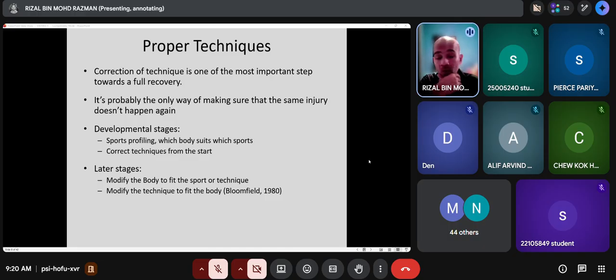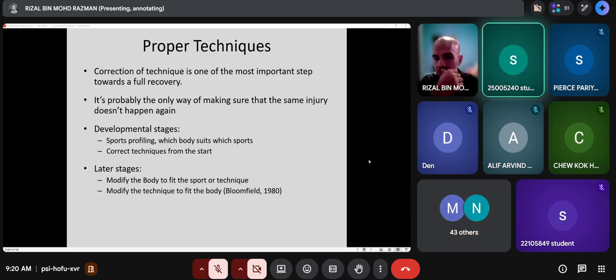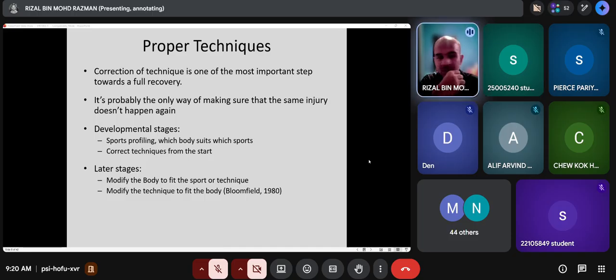why or how do you modify the body to fit the sport? This is the later stages. How would I actually modify the body to suit the sport?